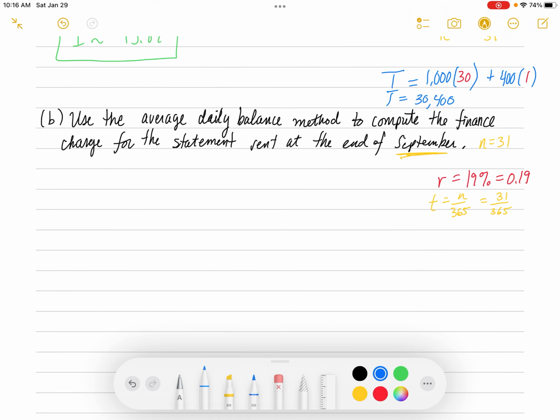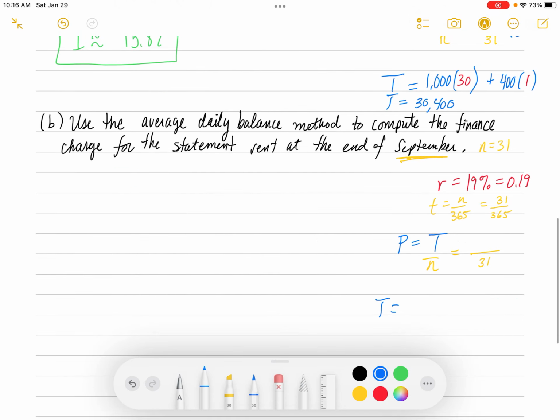I have to find my capital P by taking capital T divided by n. We're going to be dividing by 31 this time. And capital T we need to compute. That's going to be the sum of all your balances subject to interest throughout the month of September, right? We're dealing with September.